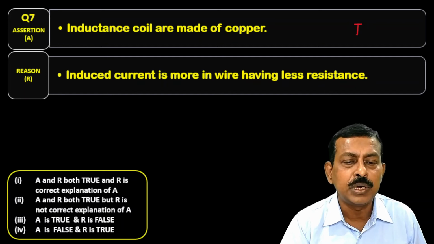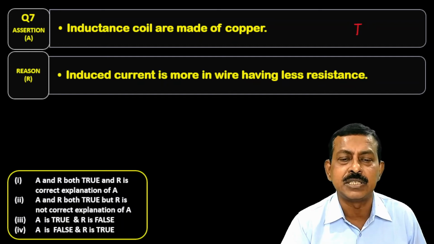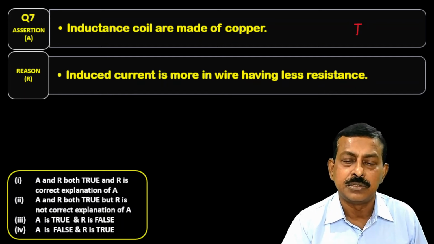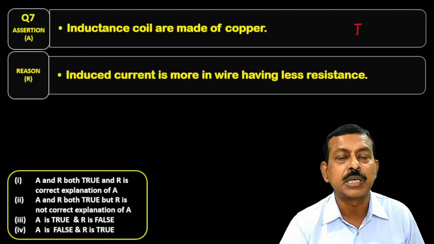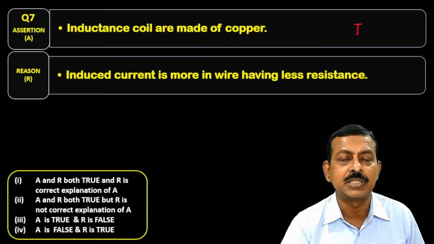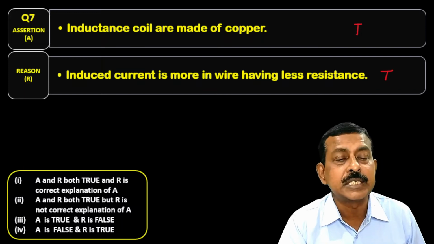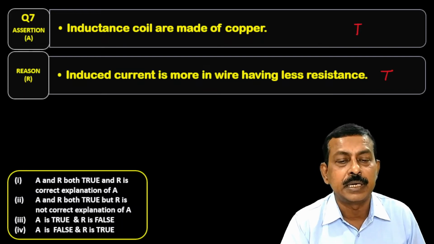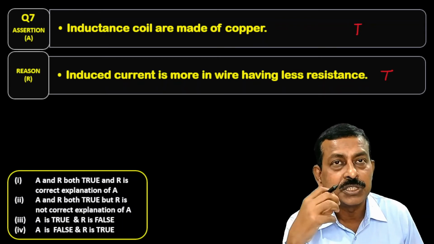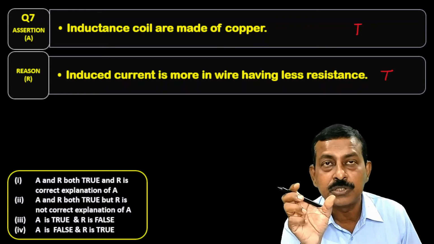Induced current is more in wires having less resistance. Now this part, if you consider, is true, because since resistance is less, there will be a particular potential difference.